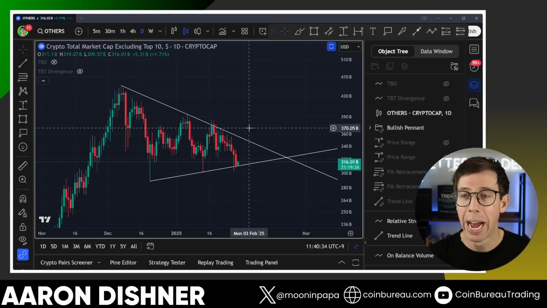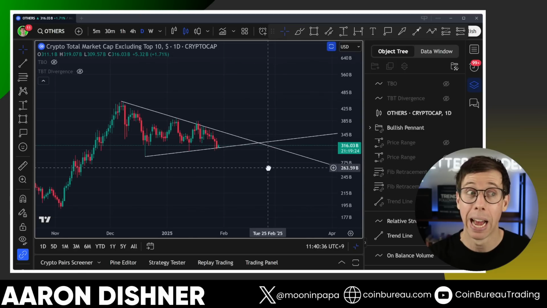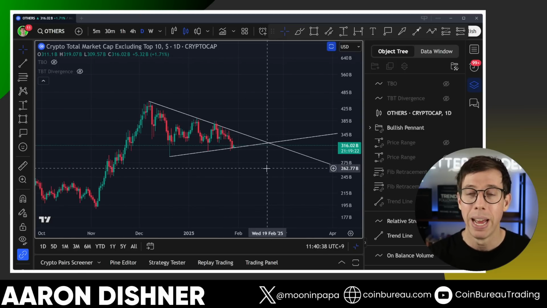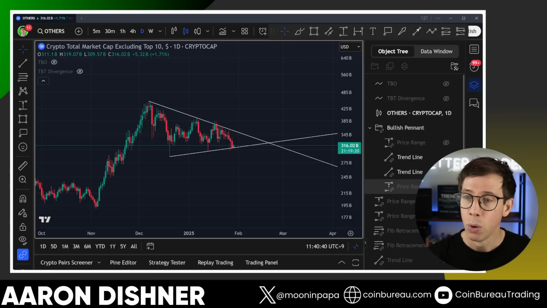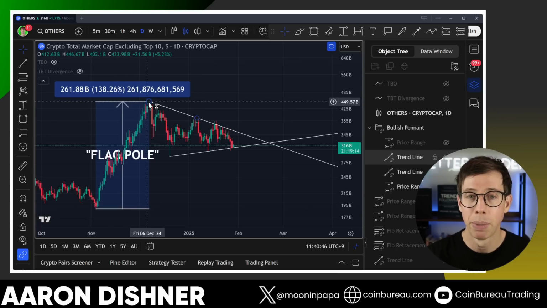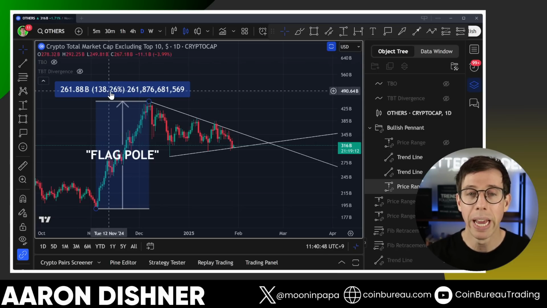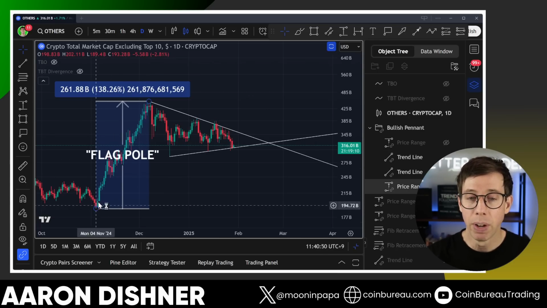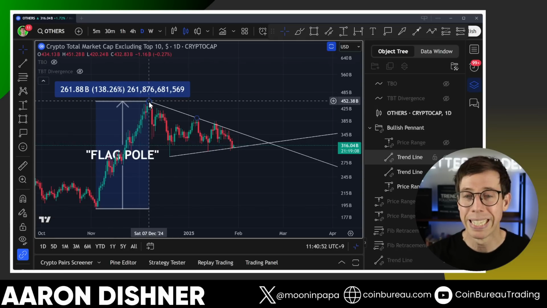What is the expected outcome? Well, the expected outcome for a bullish pennant is almost exactly the same as a bull flag. We have a flagpole that we measure from the start of the impulse to the top. This was 138% growth from November all the way up here to December.